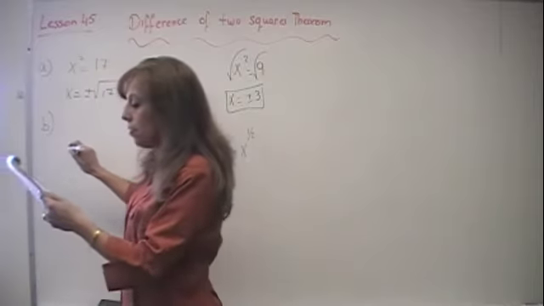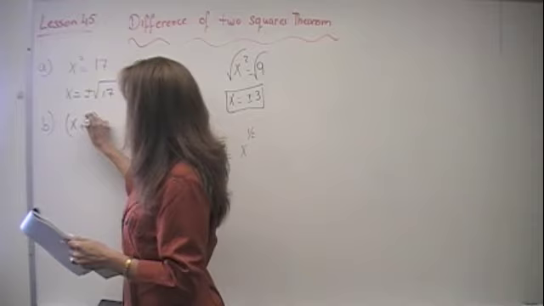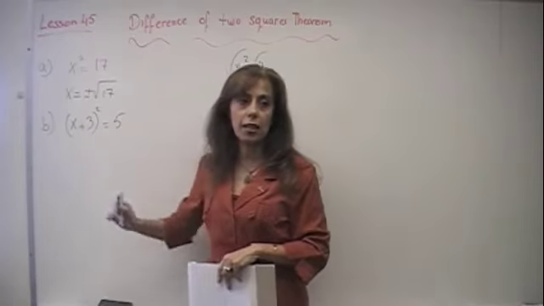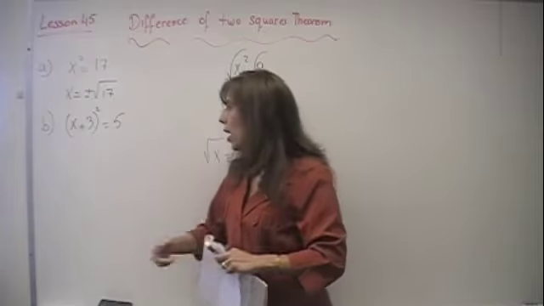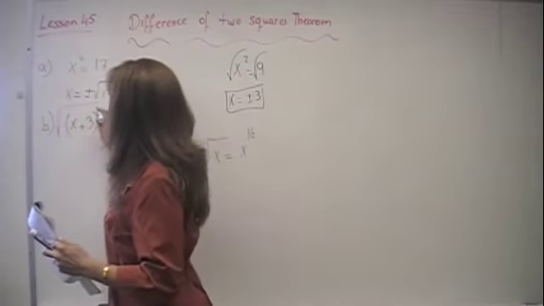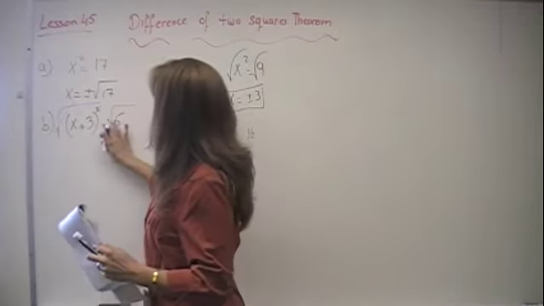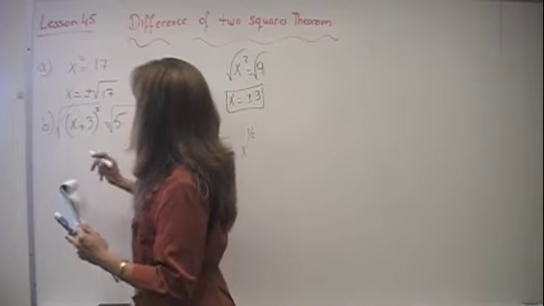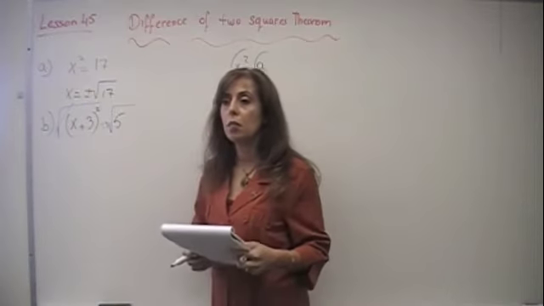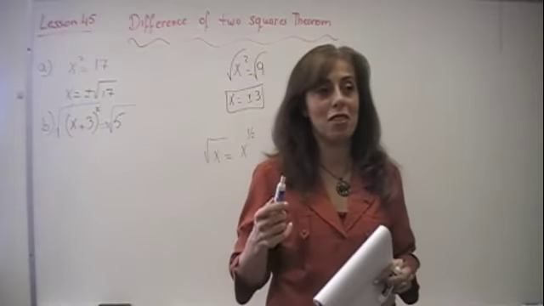Letter B. If I have a binomial, x plus 3 squared equals 5, and I need to find x. So what I have to do, I have to square root both sides. The square and the square root is gone. And I have to insert here a positive negative sign, because positive square root of 5 times positive square root of 5 is 5.